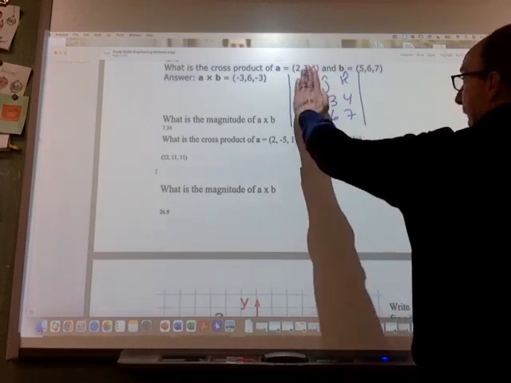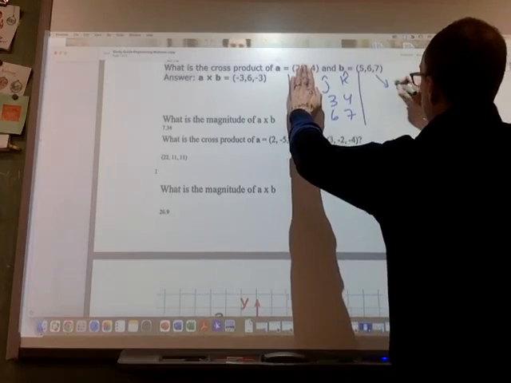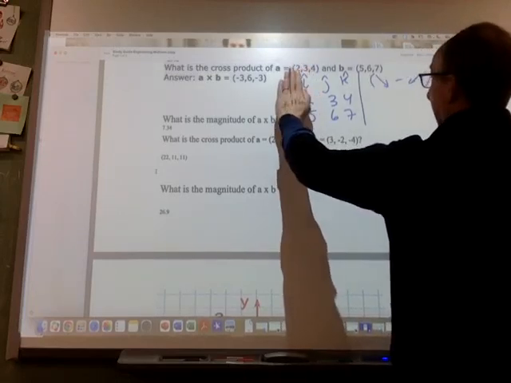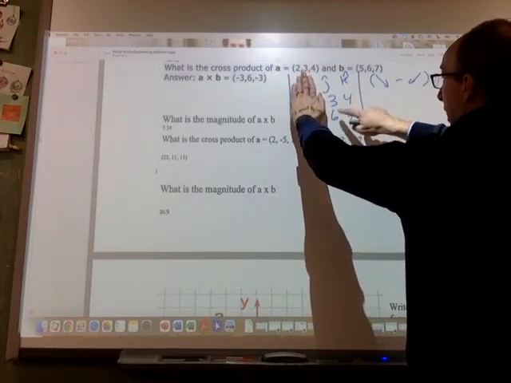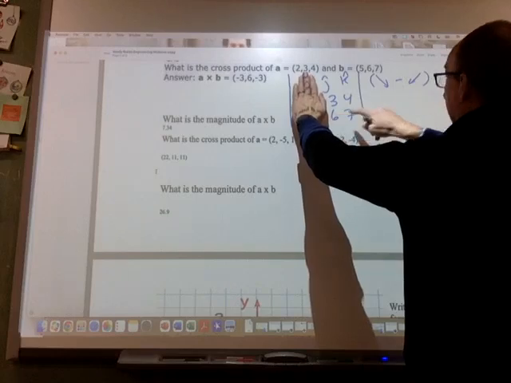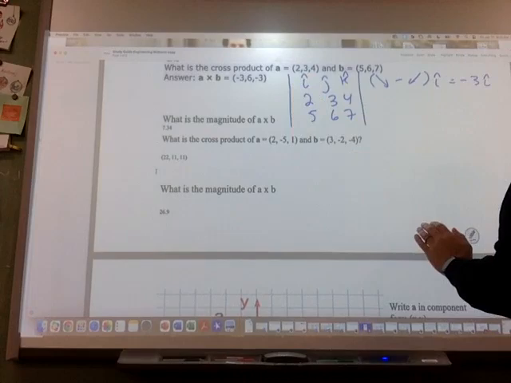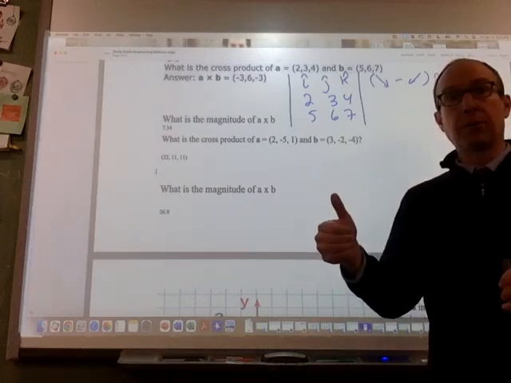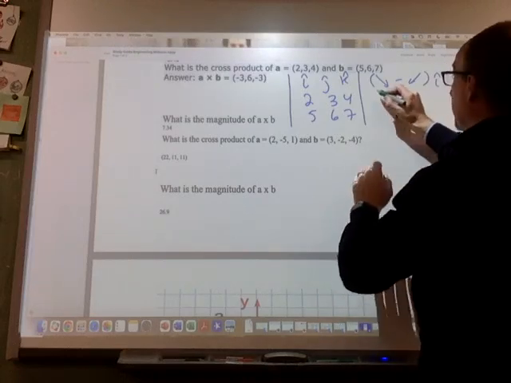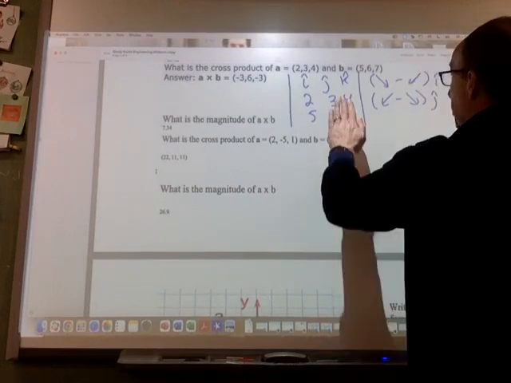So for the i hat, I'm covering this up. I'm taking this diagonal minus that diagonal is my i hat. So I have 3 times 7, that's 21. 4 times 6 is 24. And I have negative 3 i hat. Again, j hat flips it because of our right hand rule. So I'm going to go in the opposite direction. I'm going that way minus that way is my j hat.